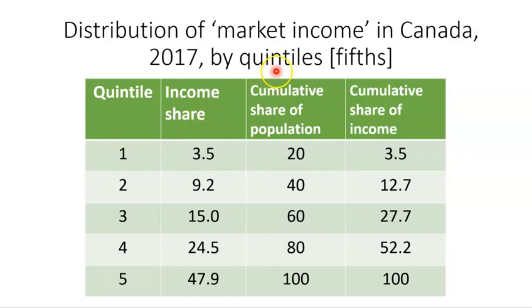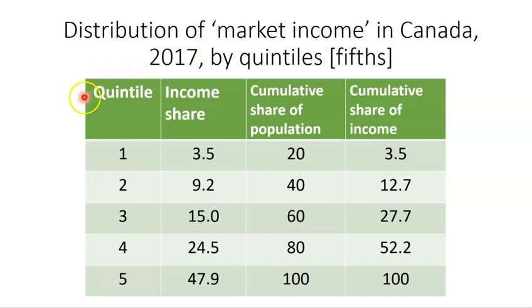And what I'm showing you here is what's called market income. So that's the income that people get from wages, salaries, any rental income they might receive, and income from investments. So the kind of income it does not include are, say, money that the government might send you, and it does not include any taxes that you might pay. So the most recent year for which we have this data is 2017.